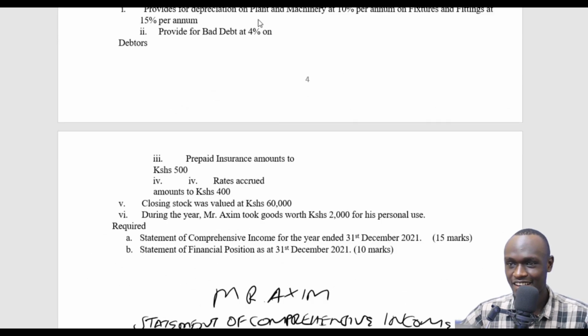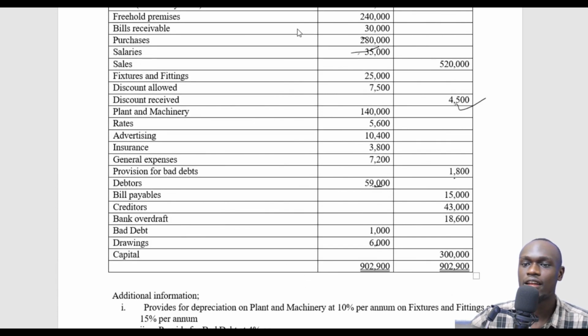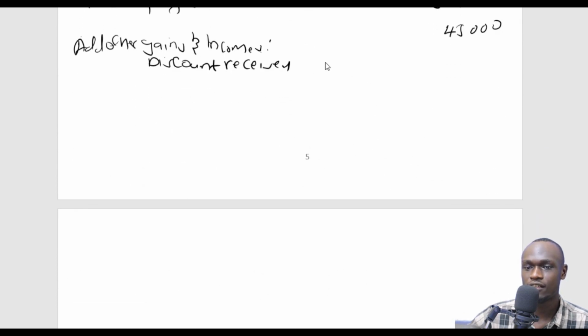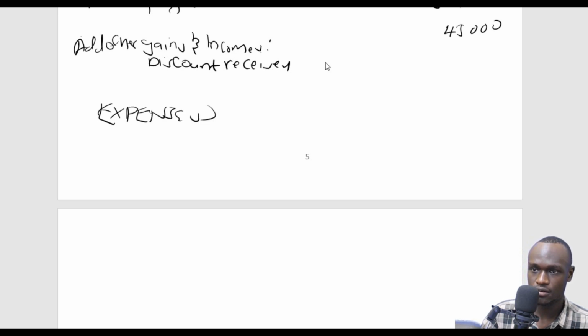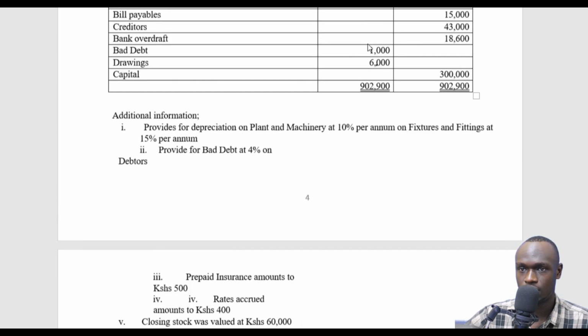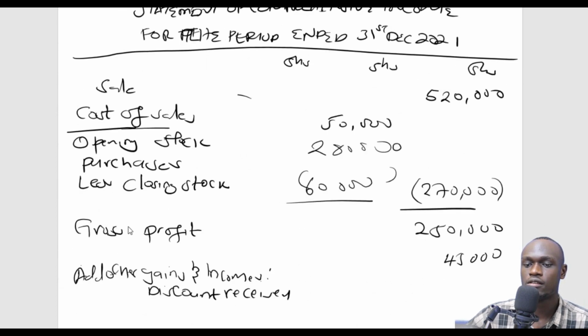So okay, let's continue. It seems discount received is the only other incomes and gains, so we go to expenses. Expenses we have discount allowed. Discount allowed is an expense.